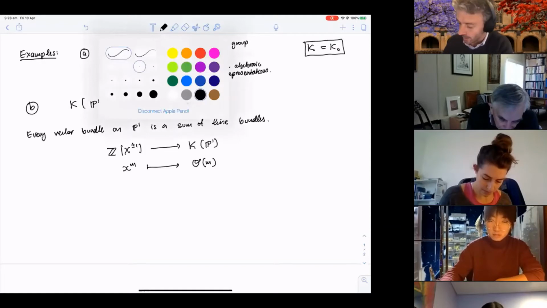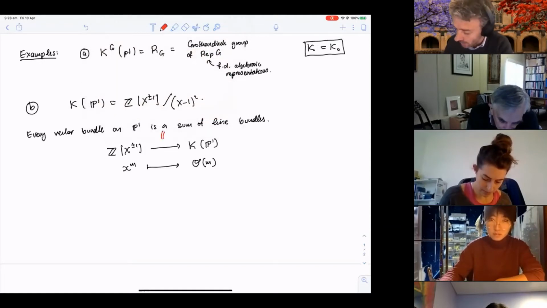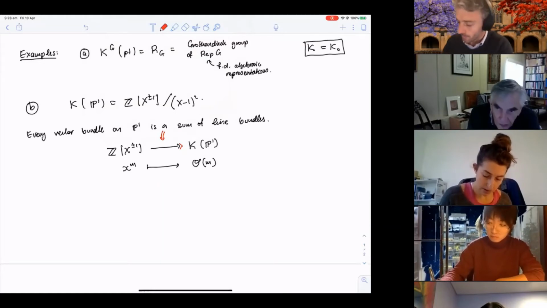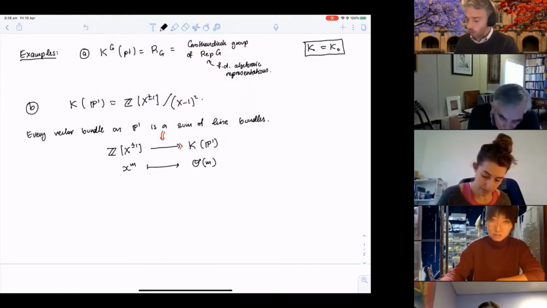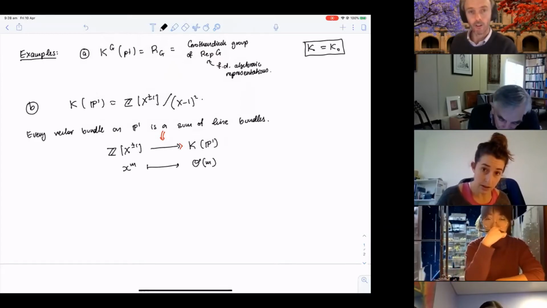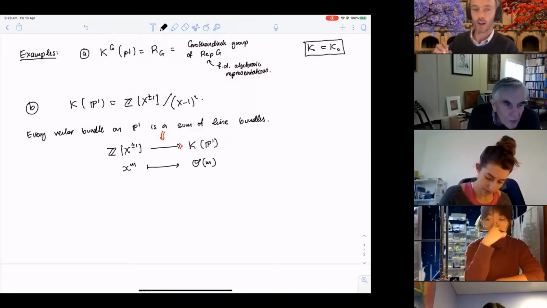And this implies that this is surjective. Now, when you first learn about the tautological line bundle on P1, you say it's the line bundle whose fiber over a line is the points in that line.